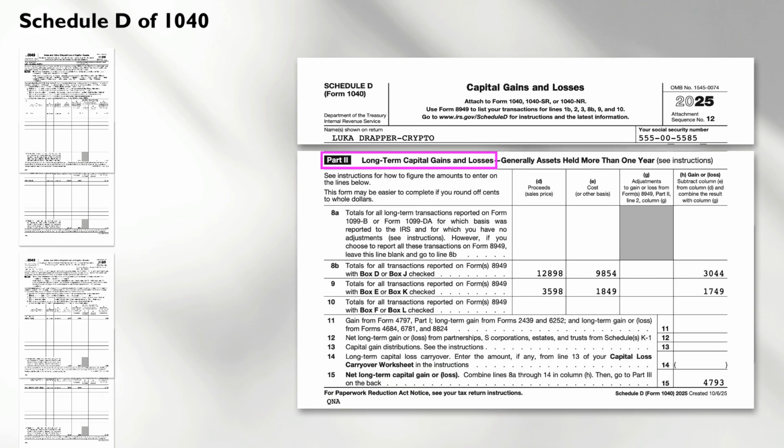Part 2 works the same way for long-term transactions. In our example, line 8B shows long-term stock gains of $3,044 and line 9 shows long-term crypto gains of $1,749.